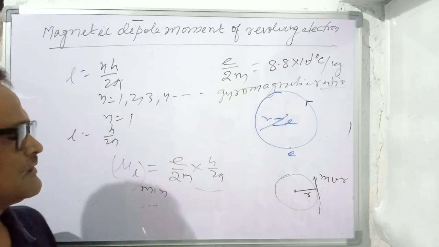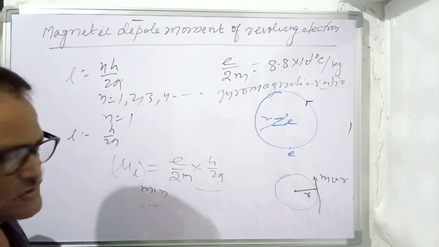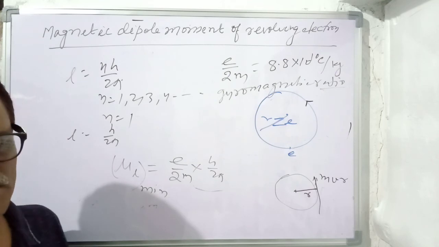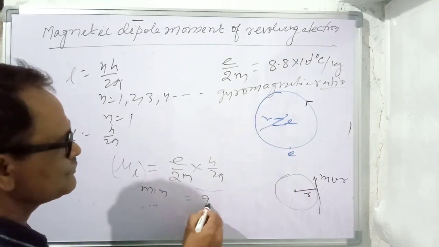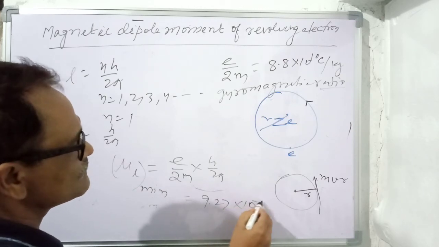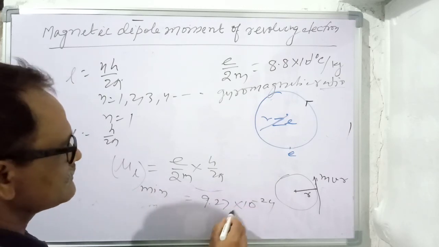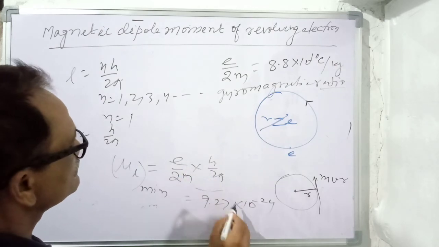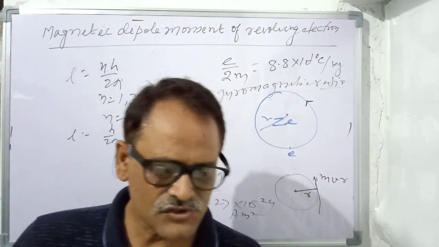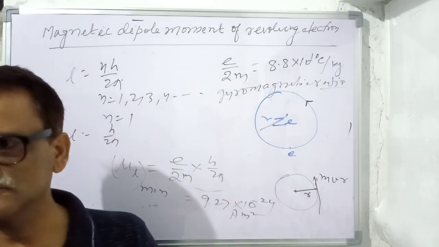Putting the values of e, h, 2m and 2 pi, you will get 9.27 into 10 to the power minus 24 ampere meter square, and this is called the Bohr magneton.